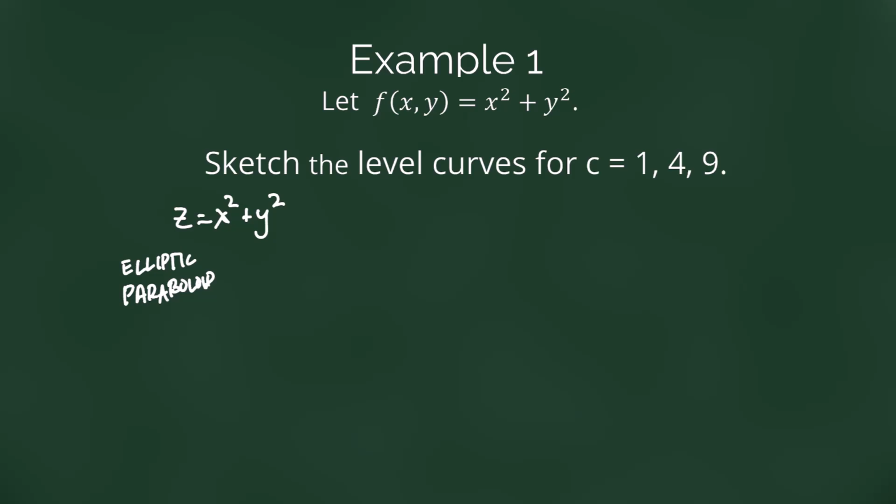Let's look at, in particular, the level curves for c equals 1, 4, and 9. So what we're going to do is replace z with those values. So our first level curve is a circle centered at the origin with radius 1.